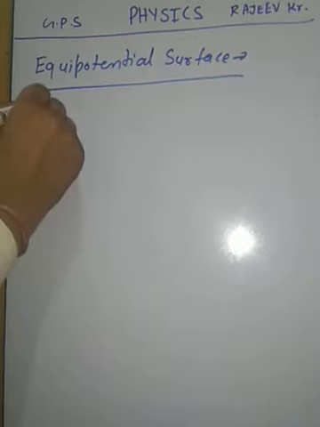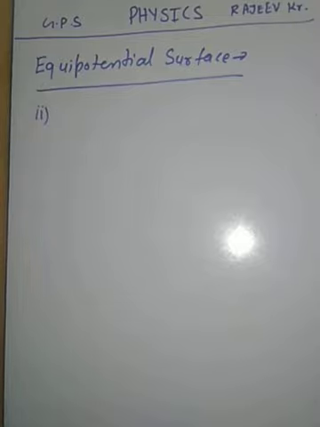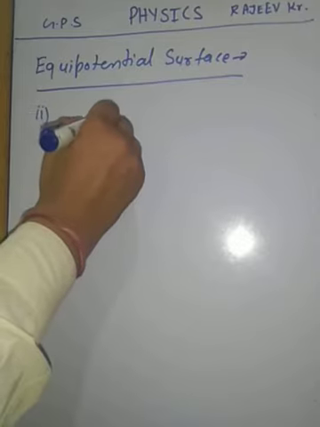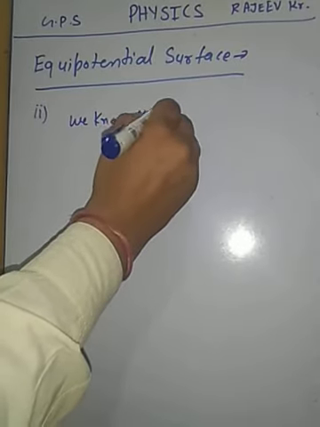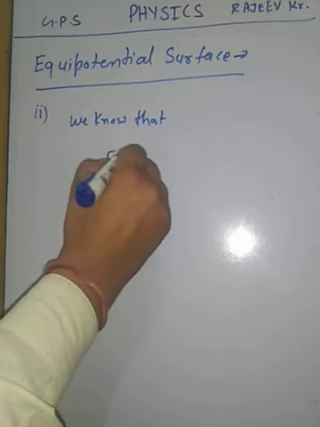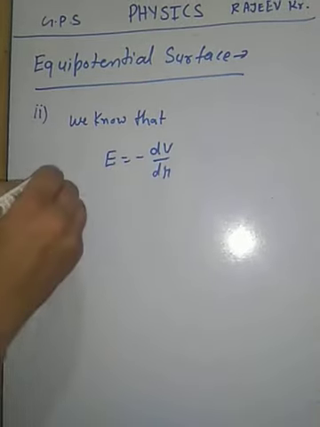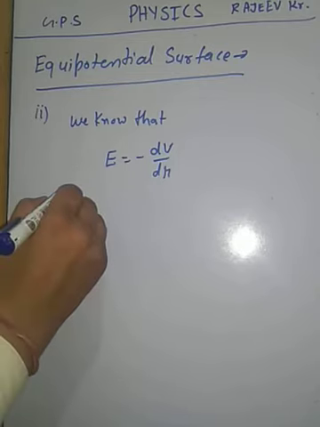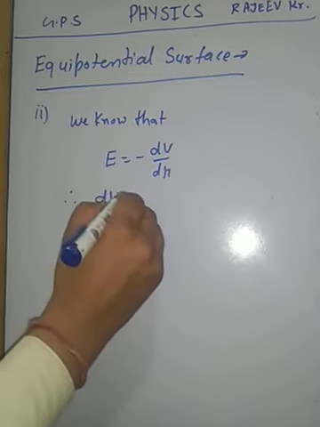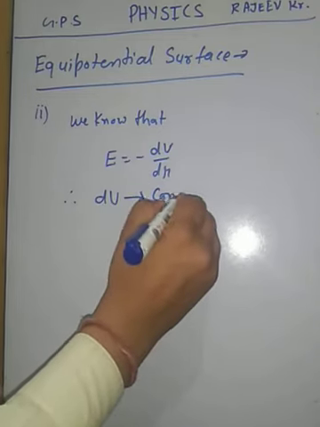Now we are taking the second property of equipotential surfaces, that equipotential surfaces are close together in the region of strong field and farther apart in the regions of weak field. As we know, E equal to minus dV by dr. As the surface is equipotential, therefore dV is constant.